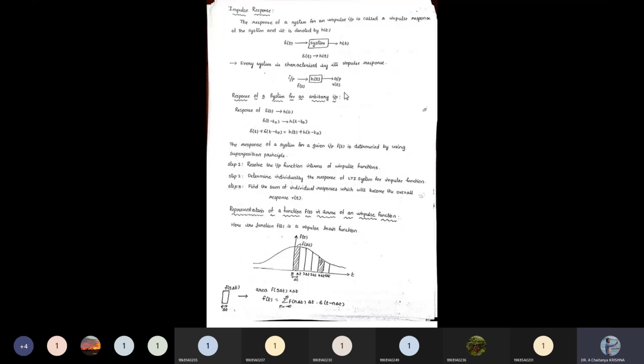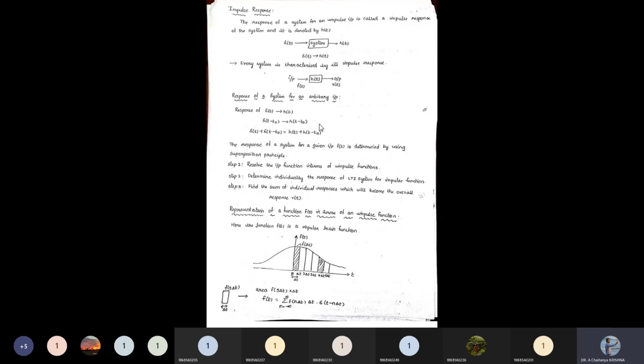The first point is the response of the system for an arbitrary function. Already, del of t tends to h of t, meaning del of t is the input and h of t is the output. If we shift the signal to del of t minus t naught, the output is h of t minus t naught also. Why? Because the system is linear time invariant.